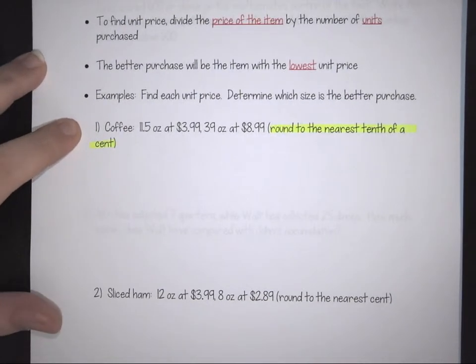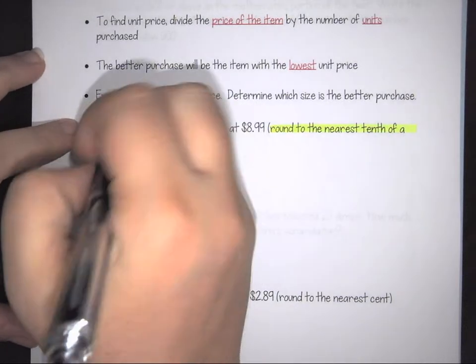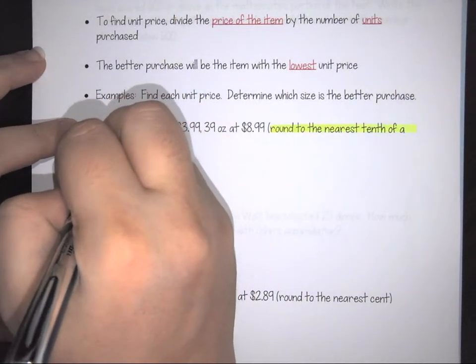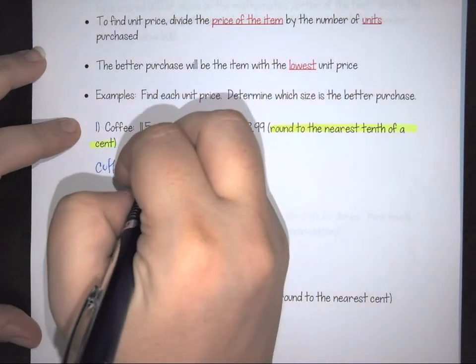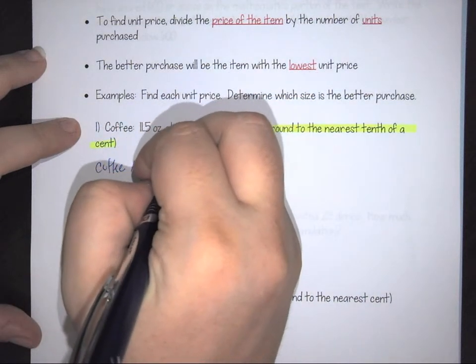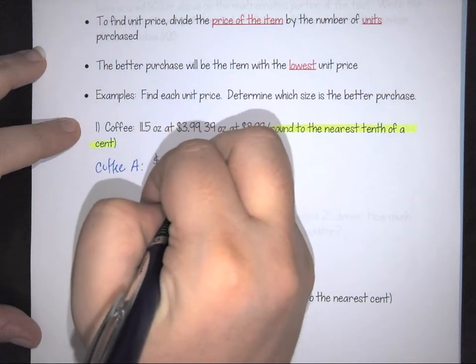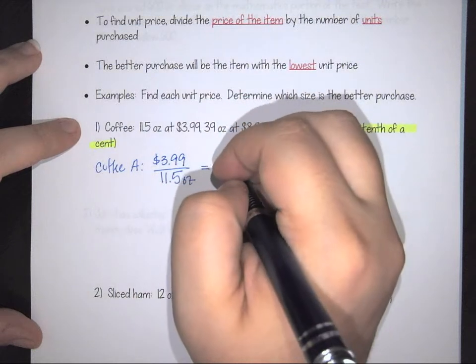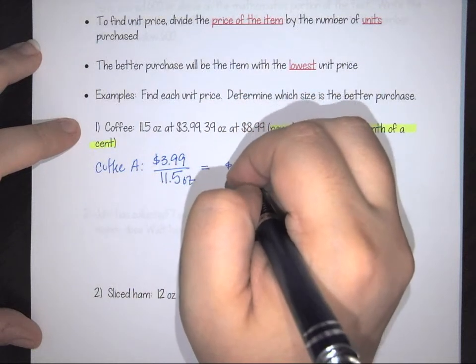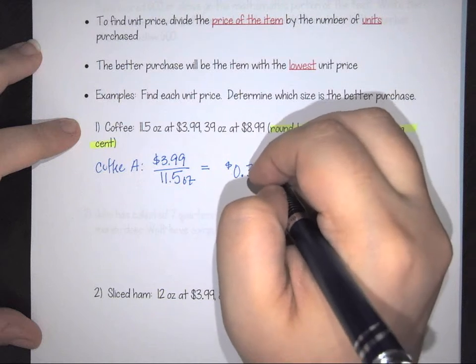My first coffee, coffee A, is 11.5 ounces at $3.99, so $3.99 per 11.5 ounces. I would go ahead and divide that out. You're going to come up with 0.3, and this is going to be per ounce.